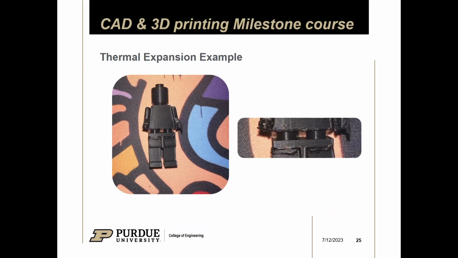So here's a good example. This was a final from a couple semesters ago. Someone designed this Lego-like figure, and they had the torso and then the legs, right? So we printed them out, and when we tried to put it together, they didn't account for the thermal expansion, and the torso didn't go on the legs, right?